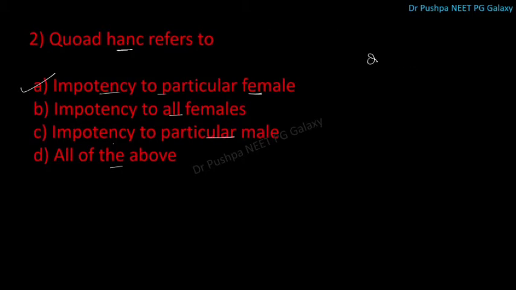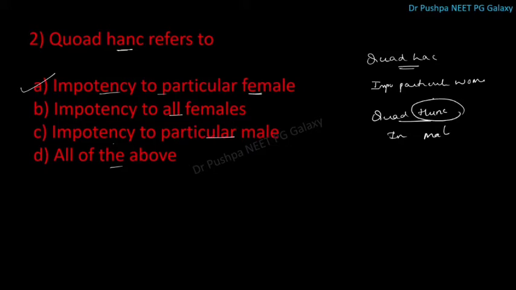So quad hanc means the person has impotency to a particular female, that is, he is impotent to a particular or single woman. What is quad hanc? It is impotency to a single male or particular male. Hanc means male. This quad hanc is psychological. It is a psychological factor.